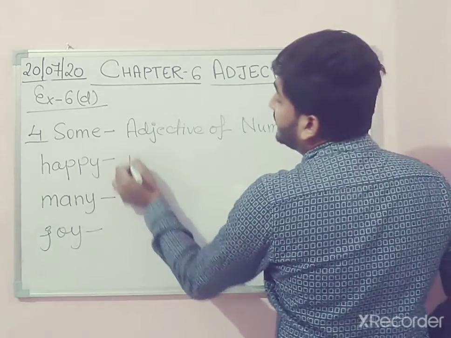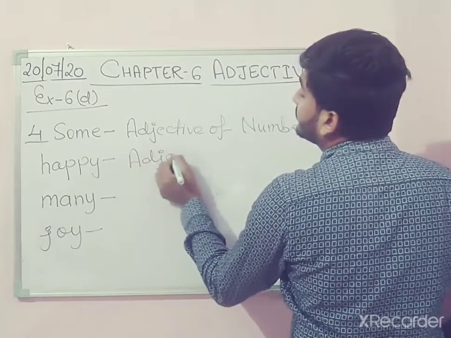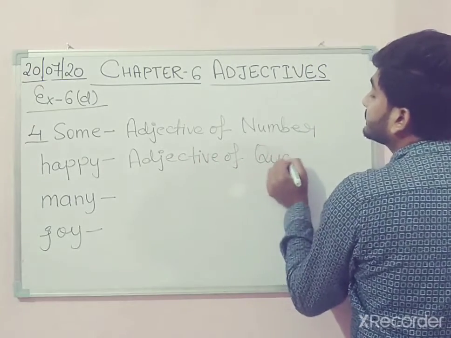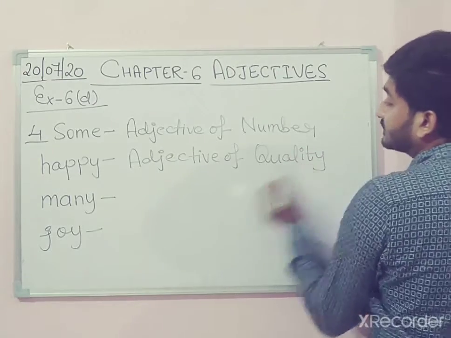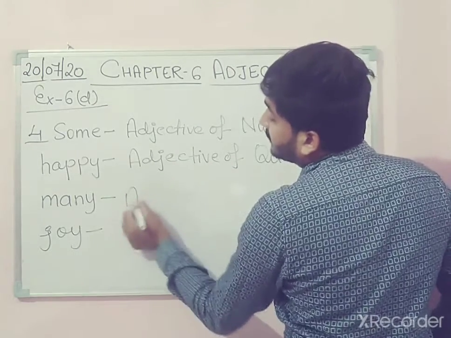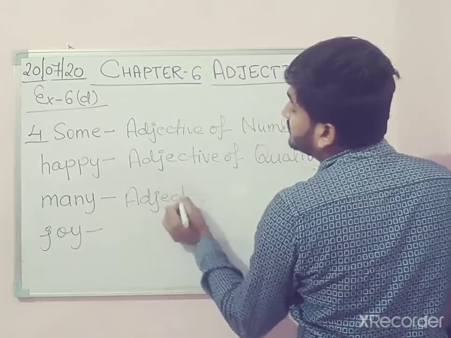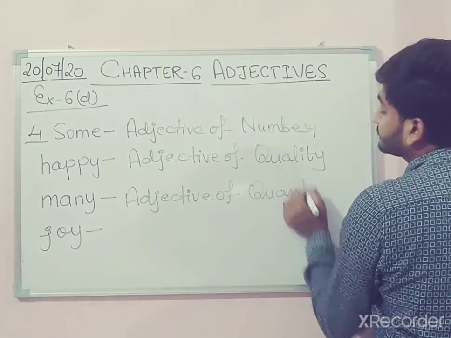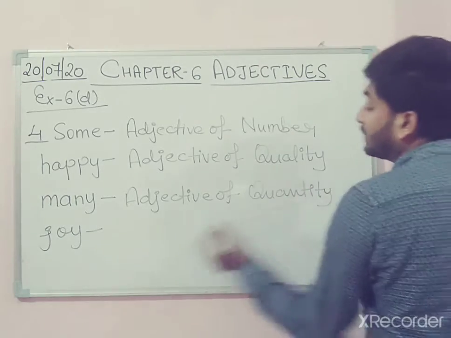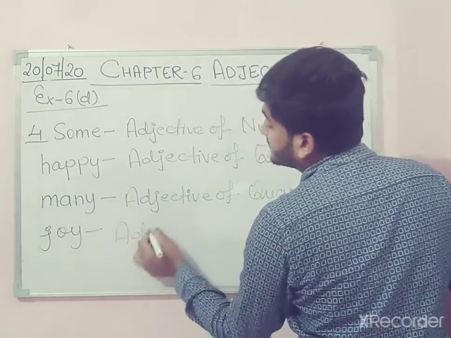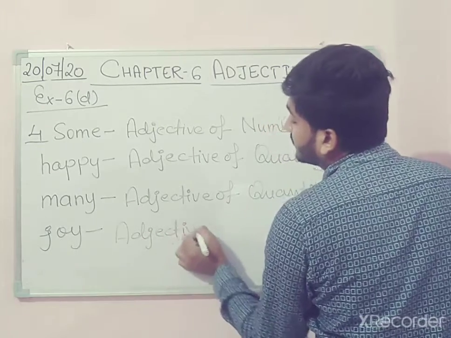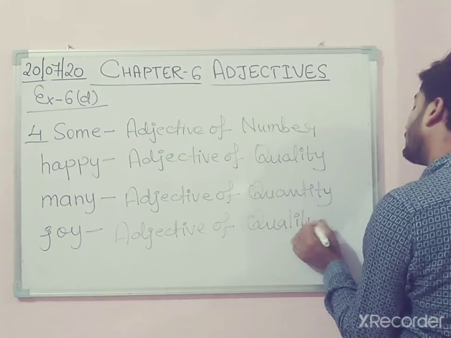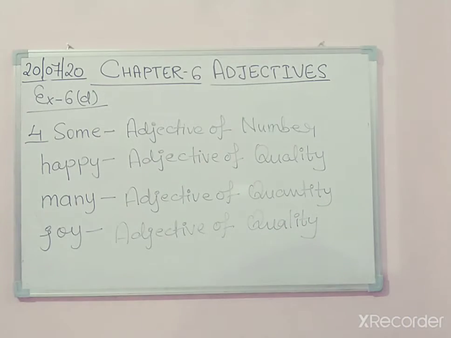Happy, what kind? Adjective of quality. Tears, we cannot count tears. How much? That means adjective of quantity. Okay. What kind of tears? Joy tears. That means adjective of quality.